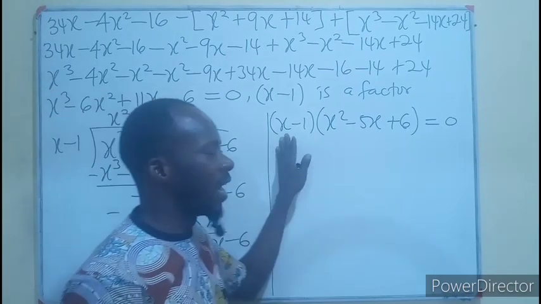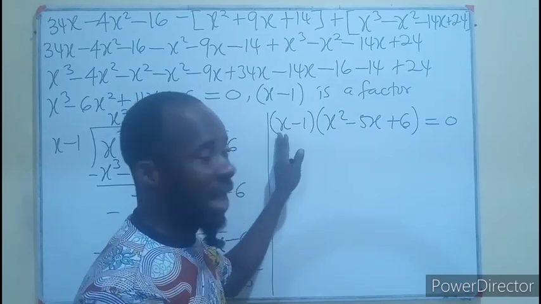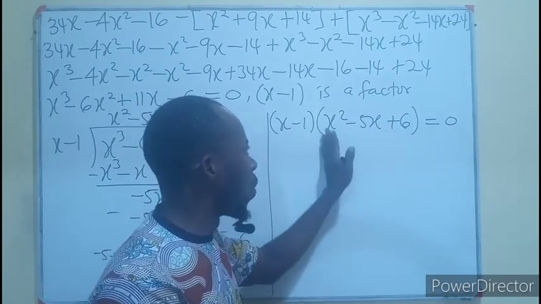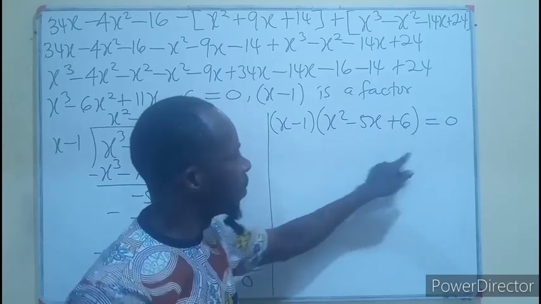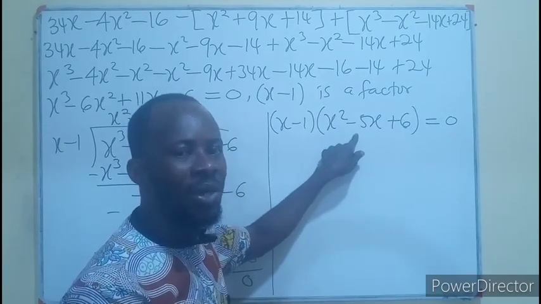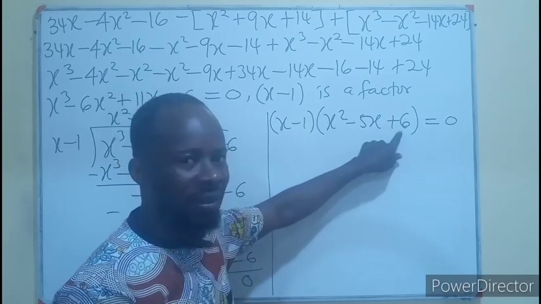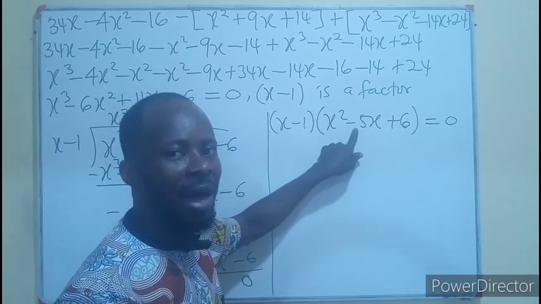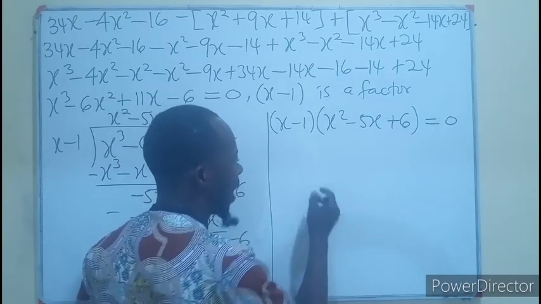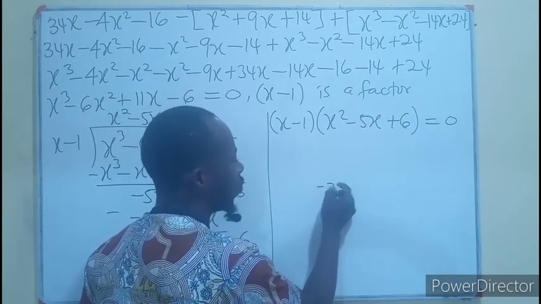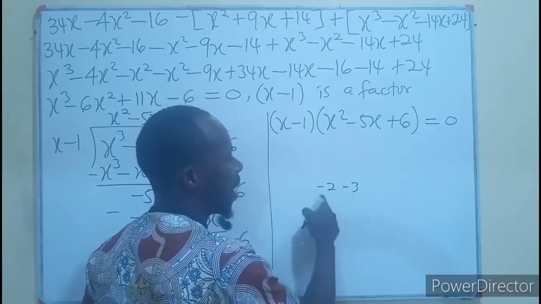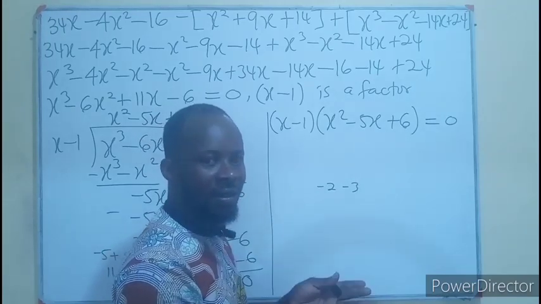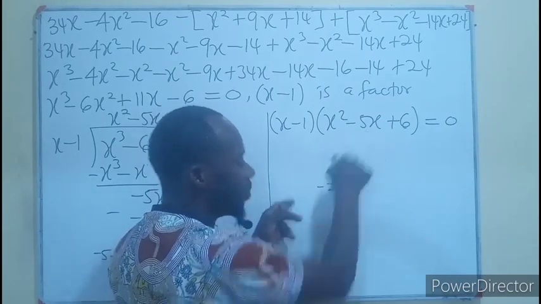So we can see this is a constant, which is one term. So this is either equal to 0 or this right here equal to 0. But you can see this is a quadratic equation. Looking for factors of 6, when you add, you get minus 5. So if I have minus 2 and minus 3, by multiplication, it gave me 6. By addition, it gave me this.